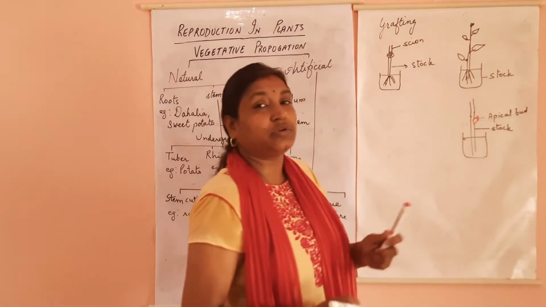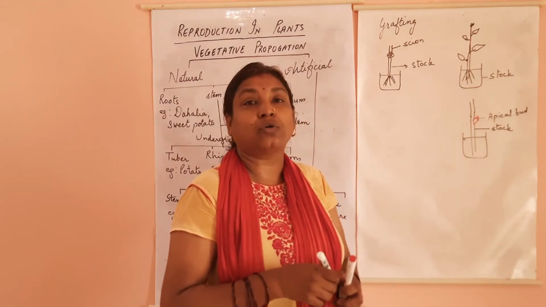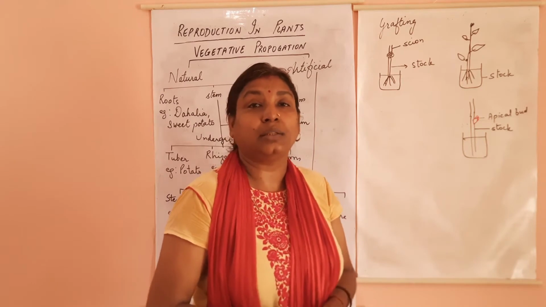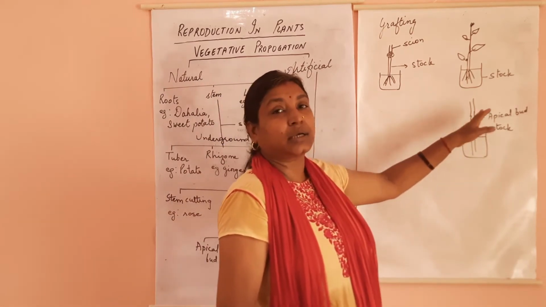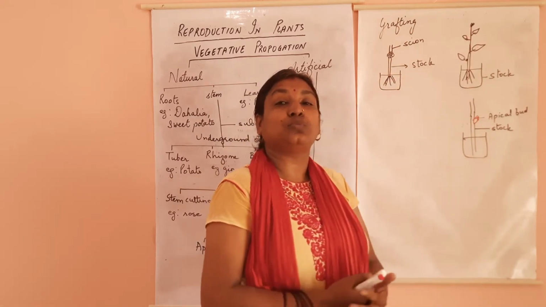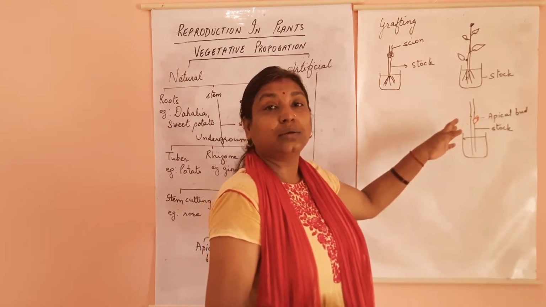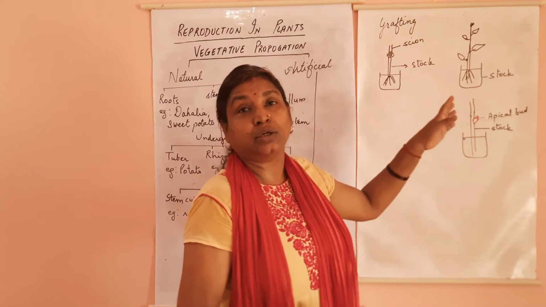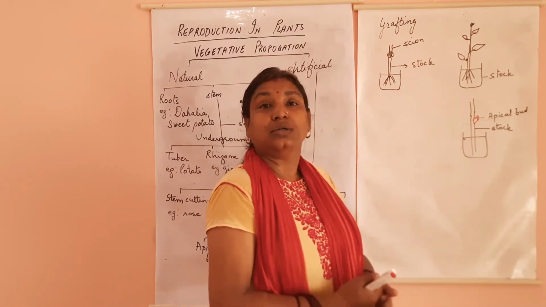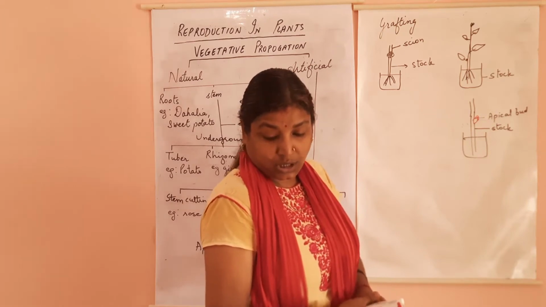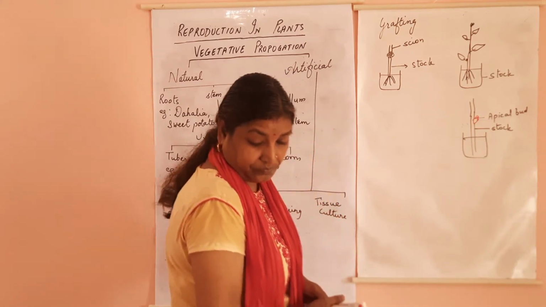The same procedure will be carried out. A small amount of cow dung will be applied around it and then tied. Within 10 to 15 days, this axillary bud will develop into new branch and then you can have both the varieties of the flower or the fruit on the same plant. So this is how grafting is done.